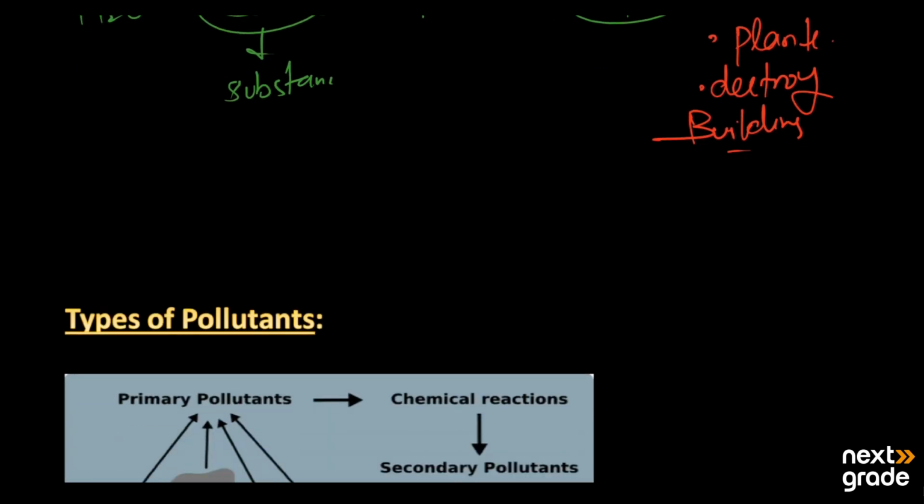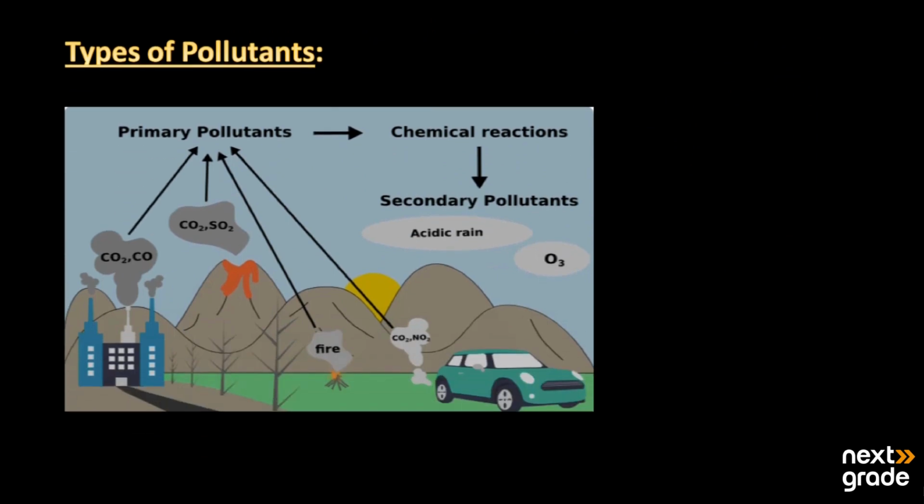After that, we have the types of pollutants. Basically, pollutants have been divided into two types. The first type is the primary pollutants, and the second type is the secondary pollutants, which are produced by chemical reactions. Now, what is the major difference between them?